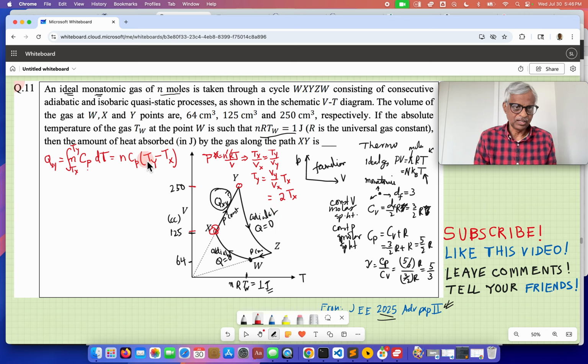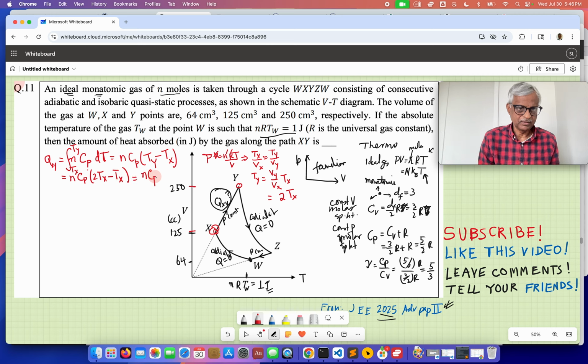So this is 2 times Tx, so n Cp 2 times Tx minus 1 Tx. So this just becomes n Cp Tx. That's pretty cool.